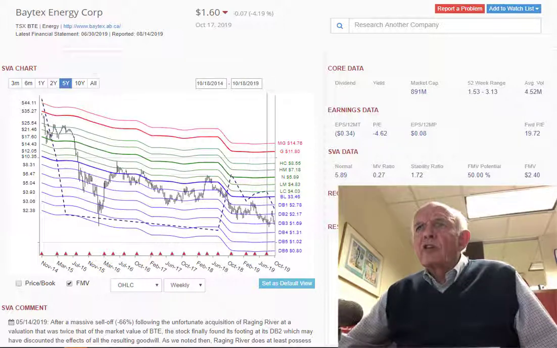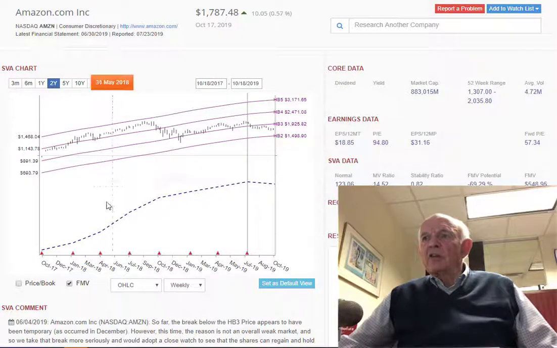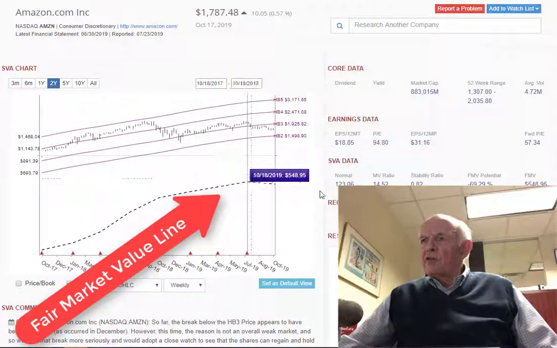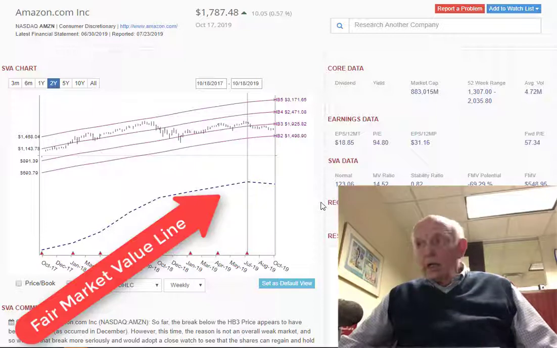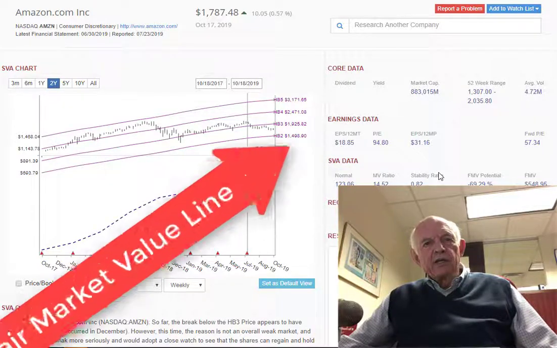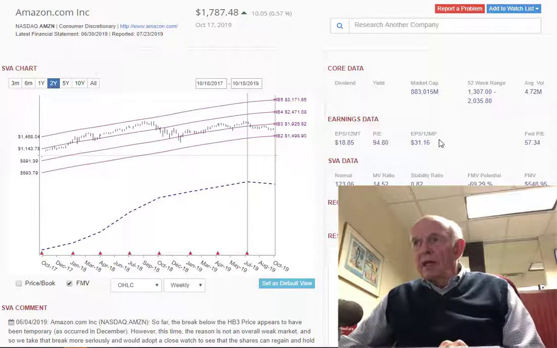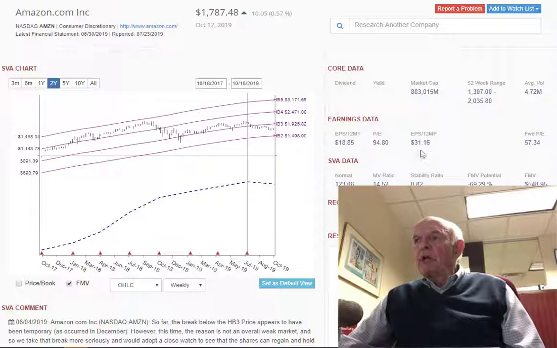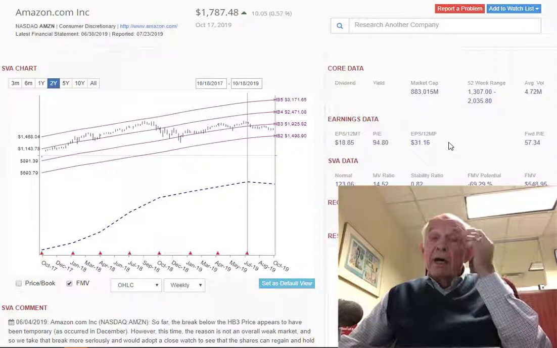Now, one of the questions that sometimes arises is, by the way, where does that fair market value line come from? Well, what we do is we take the earnings forecast 1 year out from now, and then we calculate the fair market value using that value.